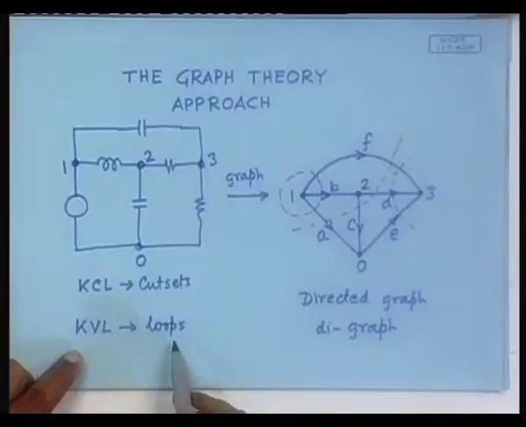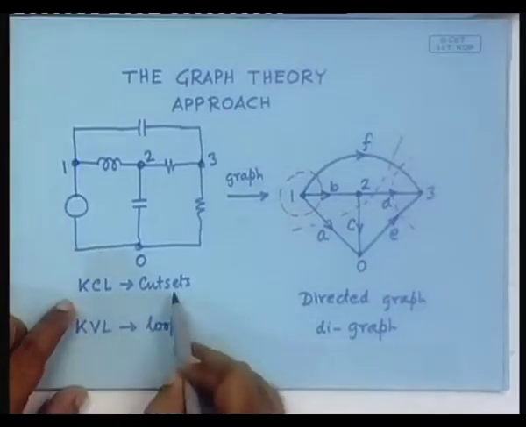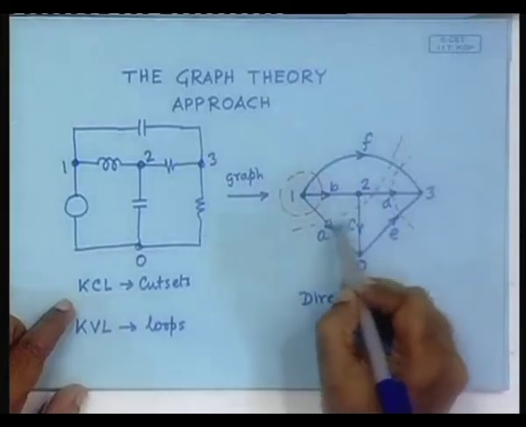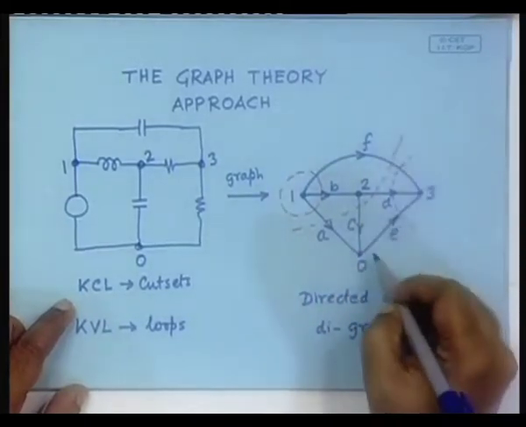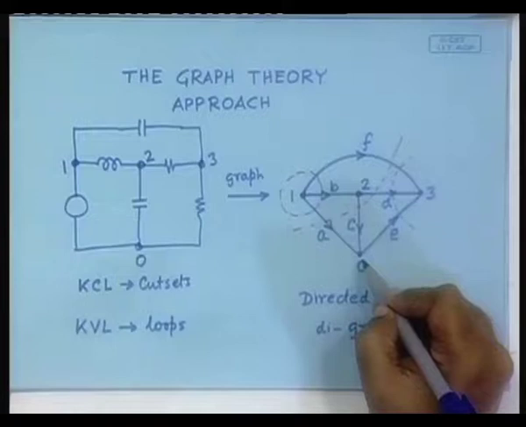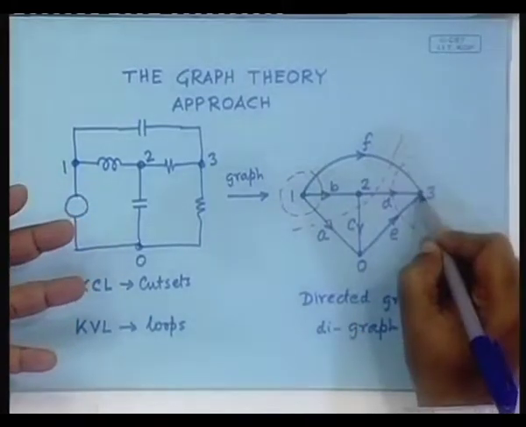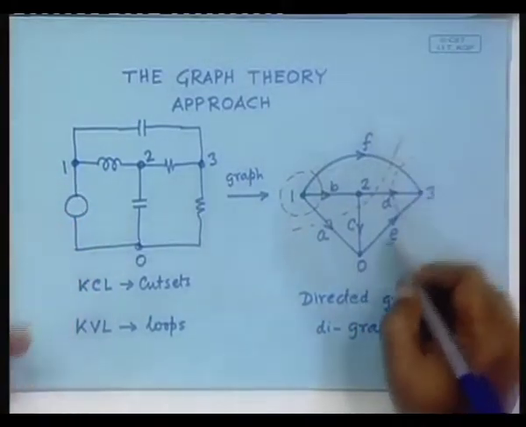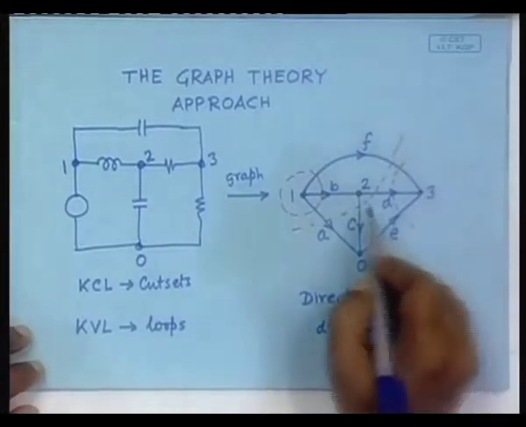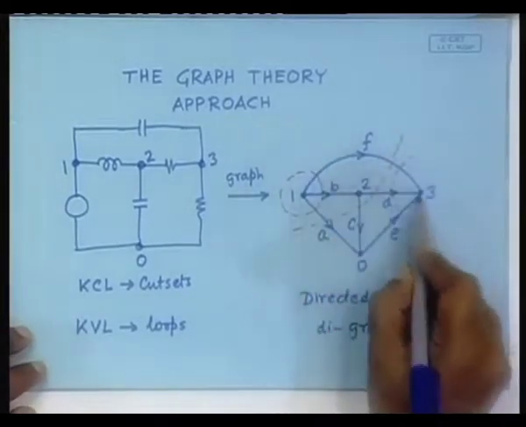Fine. So, that is how we will do it on the loops, and while we do it on the cut sets, for every cut set, for example, for this one, suppose the currents entering this particular subgraph are positive, then IE plus ID plus IF equal to 0.